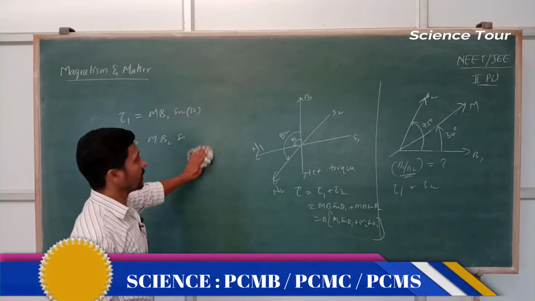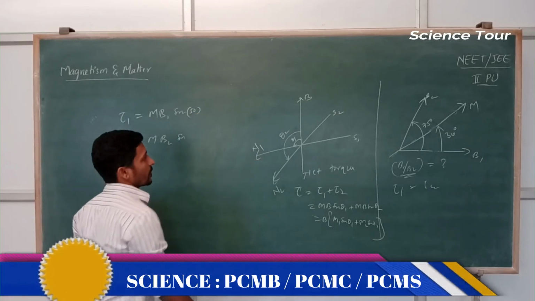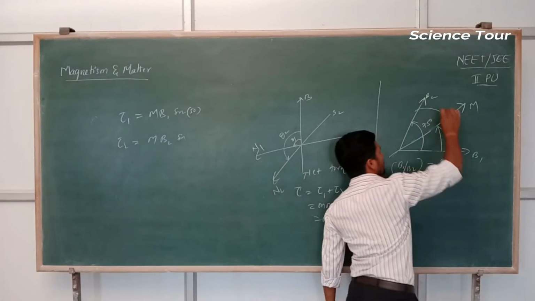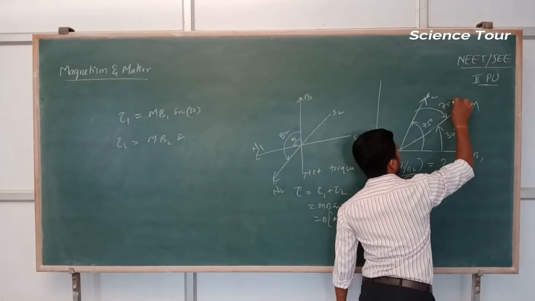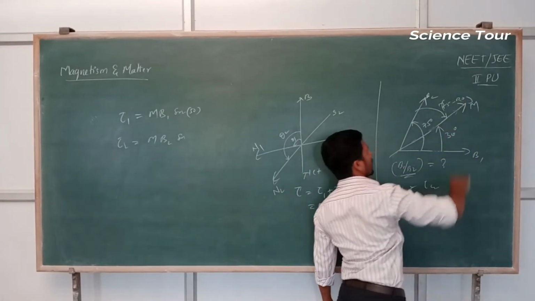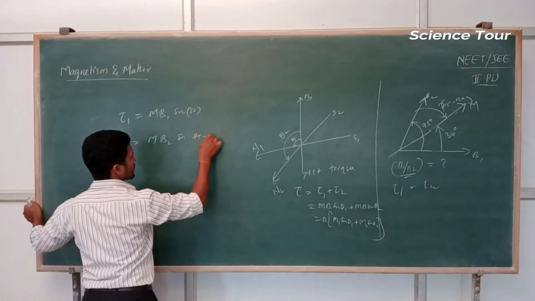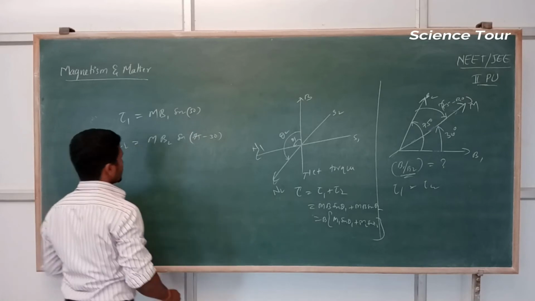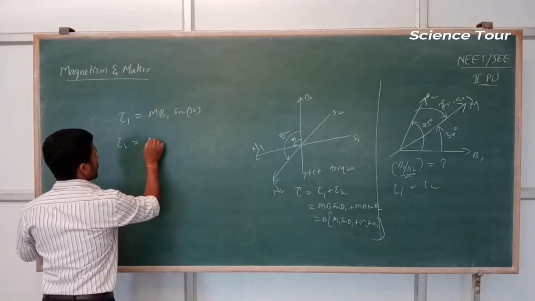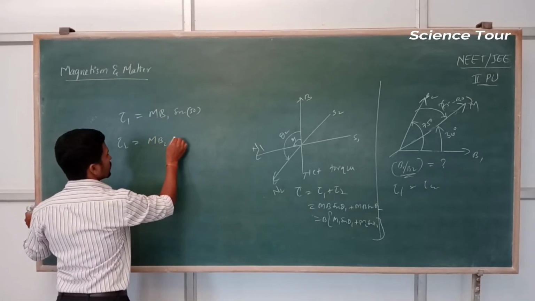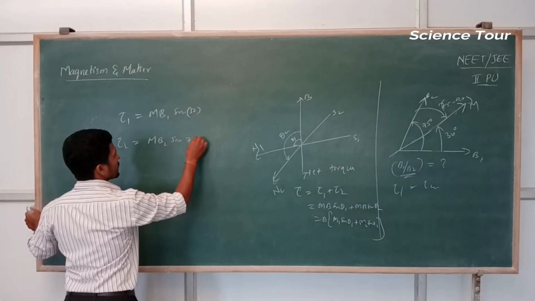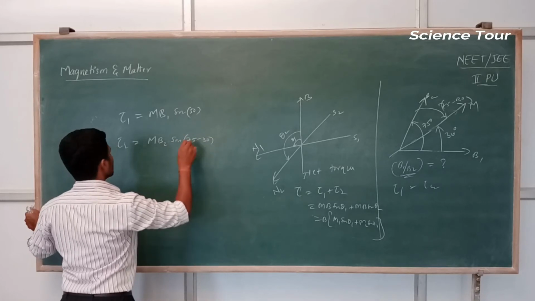The angle made by B2 with the needle is 75 minus 30. So tau 2 is m B2 sin of 75 minus 30.